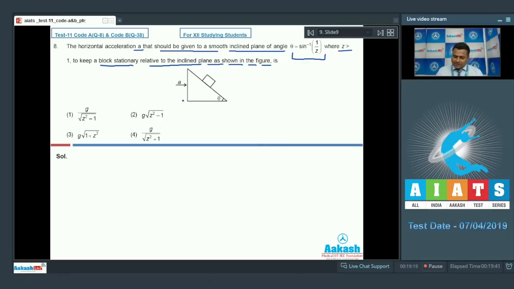Now, the system itself is moving, on which another block is kept. So this is the case of pseudo force, non-inertial frame of reference. So let us draw the forces acting on the block. Its weight will be vertically downward.